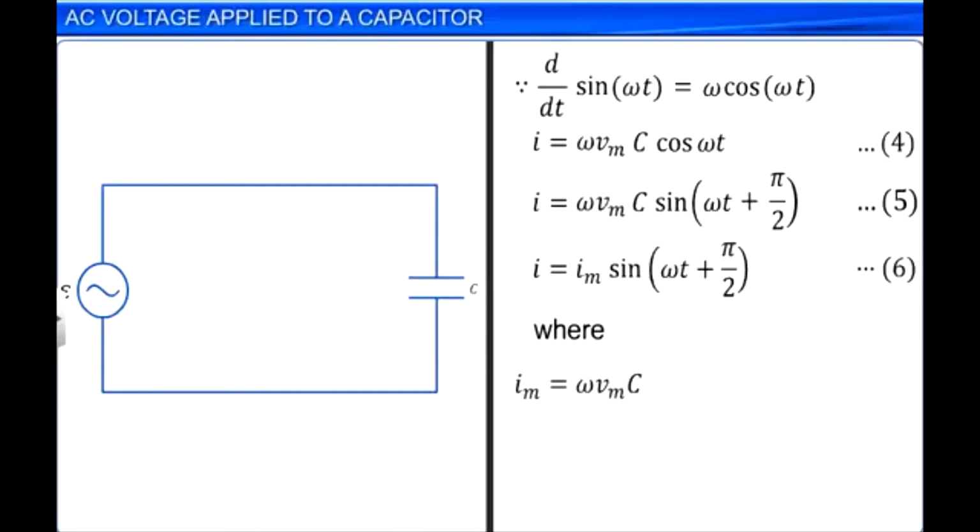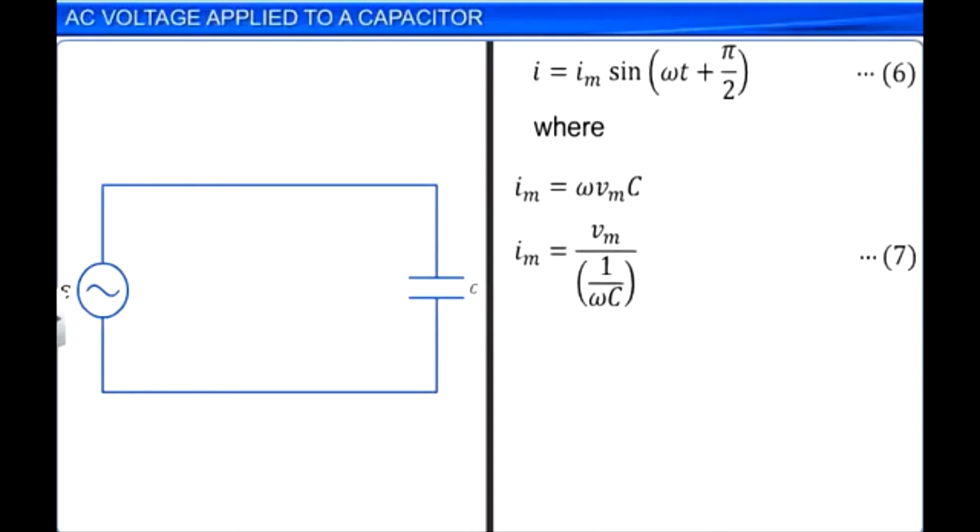The amplitude of the current, Im, can also be expressed as amplitude of voltage, Vm, divided by 1 by omega C. Let this be equation 7. Here, 1 by omega C is analogous to resistance and is called capacitive reactance. Capacitive reactance is denoted by Xc.